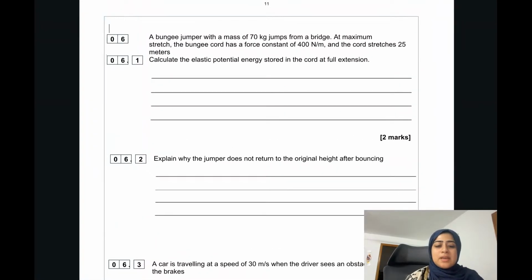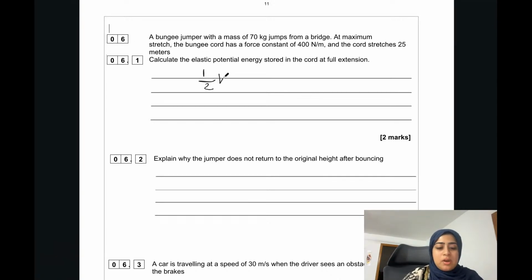Okay, next it says a bungee jumper with a mass of 70 kg jumps from a bridge. At maximum stretch, the bungee cord has a force constant of 400 newtons per meter and the cord stretches 25 meters. So what's the elastic potential energy?